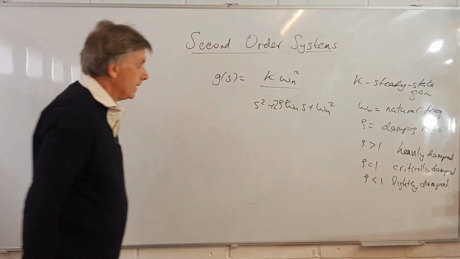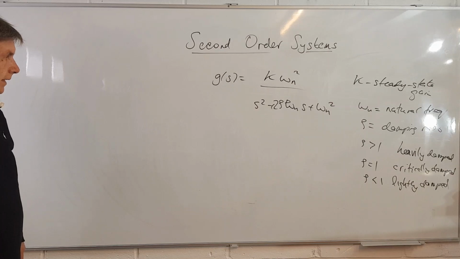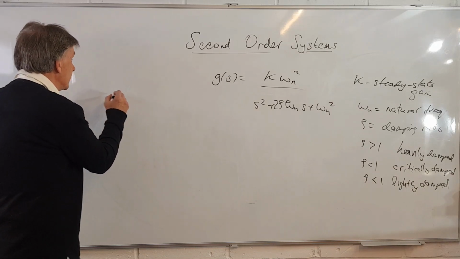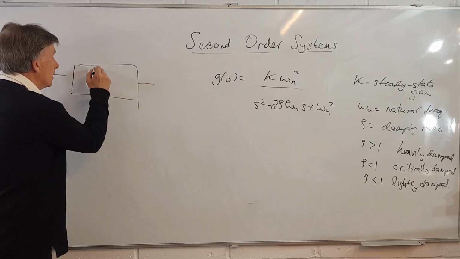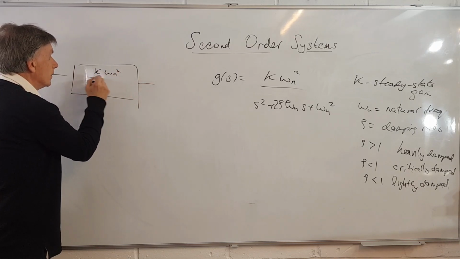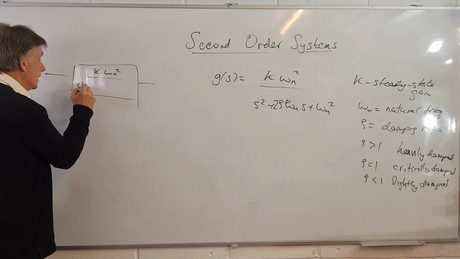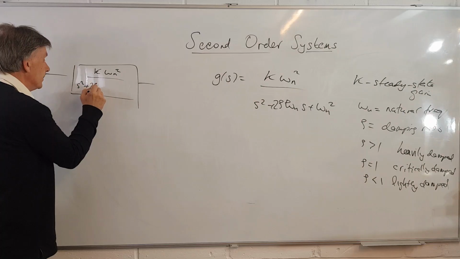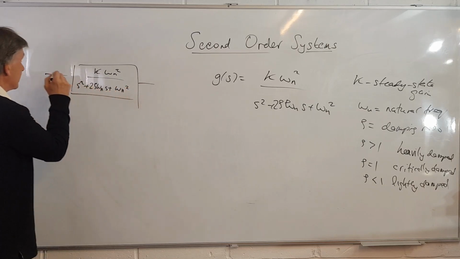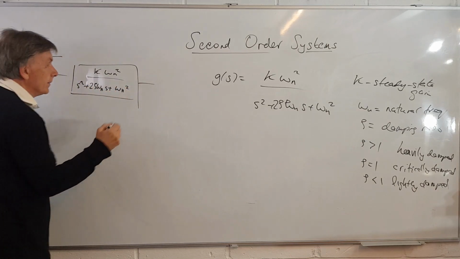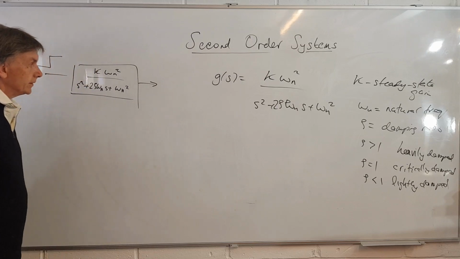And the transient response of the system, if we imagine we have the system here, K omega n squared over s squared plus 2 zeta omega n s plus omega n squared. If we put a step in here, then we can get different types of transient response out here.